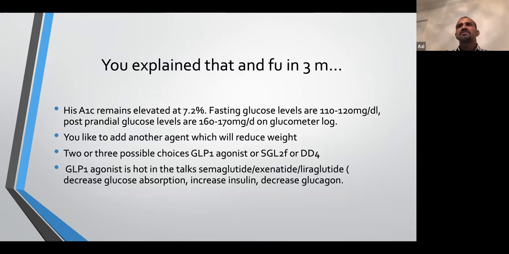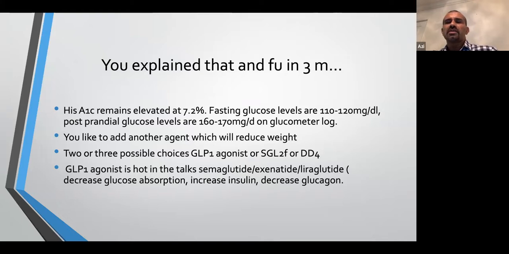Now, glipizide, which is a sulfonylurea, and thiazolidinediones also gain weight, with fluid retention as one of the mechanisms. So there are 2 or 3 newer possibilities, relatively, not new, but relatively: GLP-1 receptor agonist, SGLT2, or DPP-4.